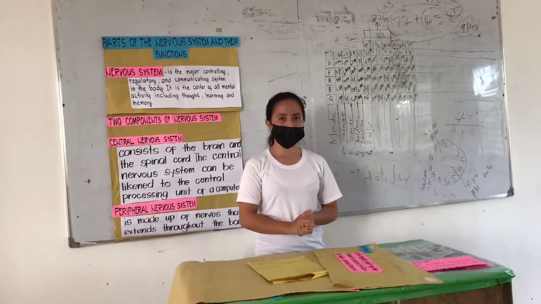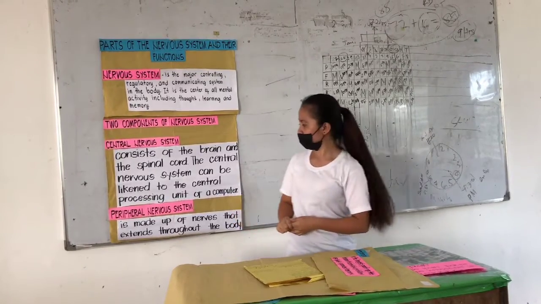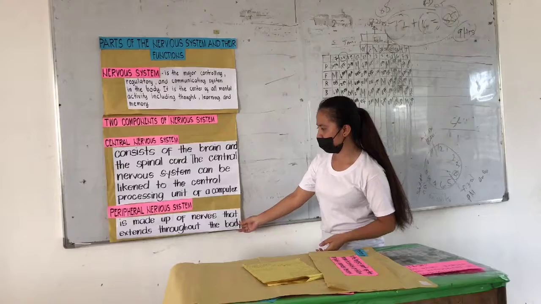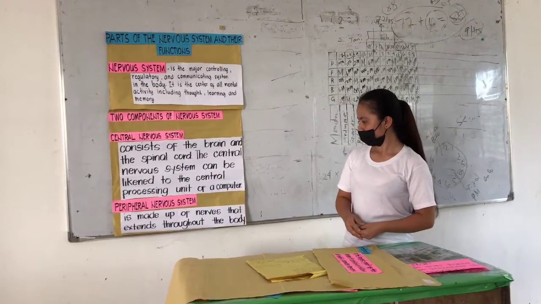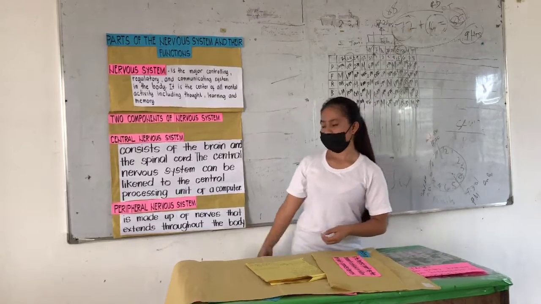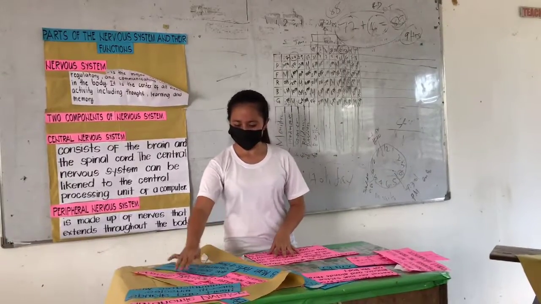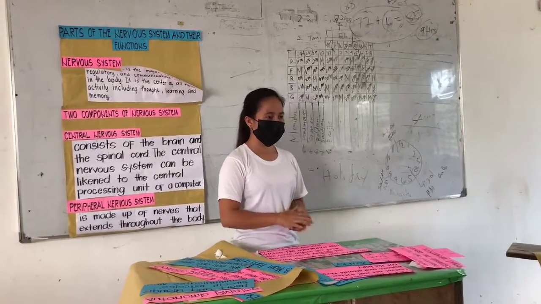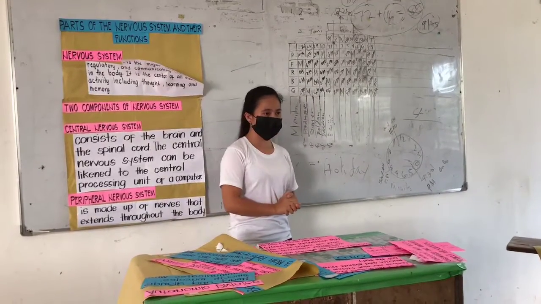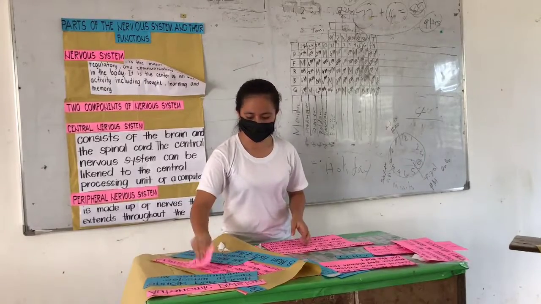So, Corson, can you please read the definition of the peripheral nervous system? The peripheral nervous system is made up of nerves that extend throughout the body. The peripheral nervous system has two divisions, the somatic division and the autonomic division.